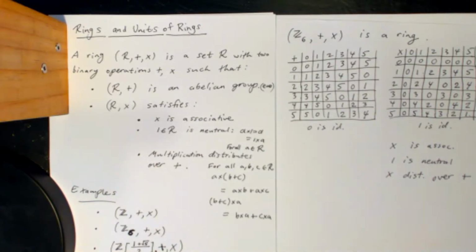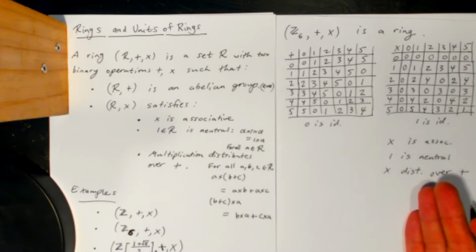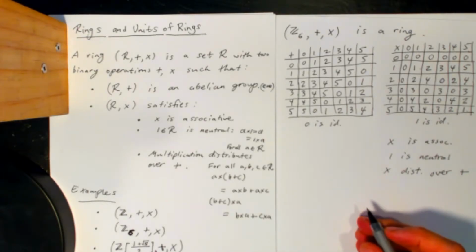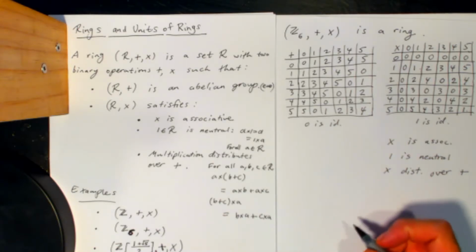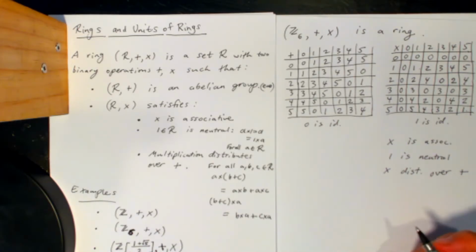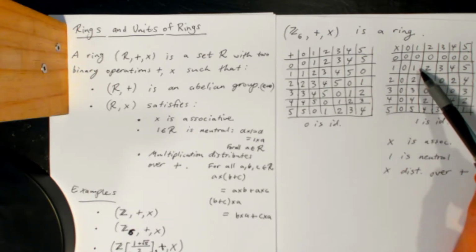Okay, so our next question is, we have a ring. Now what are the units, right? So remember what a unit is. It's an invertible element. Okay, so if we don't have 1 in every row and in every column, where do we have the 1s? We have the 1 corresponding to this one and this one.